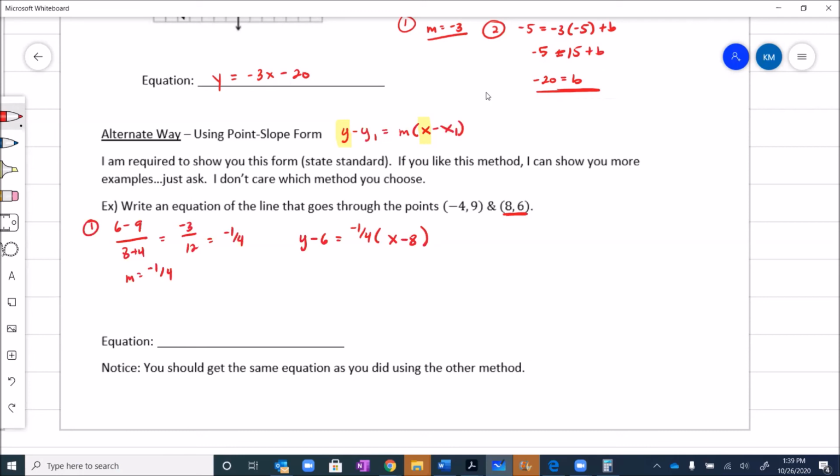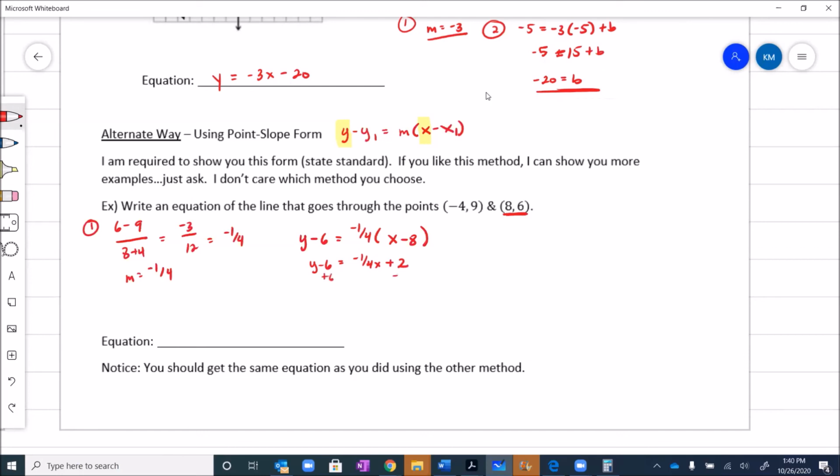Now we've plugged this information into the equation, we'll solve for y, and that will put it in slope-intercept form. So y minus 6 stays the same on this side. Distribute this, negative 1/4 x. Negative 1/4 times negative 8 gives us positive 2. Again, we're trying to get y by itself.